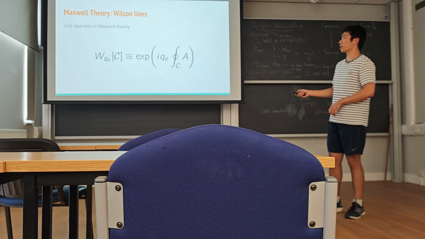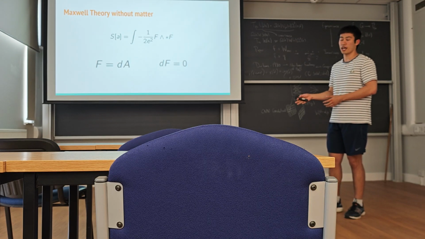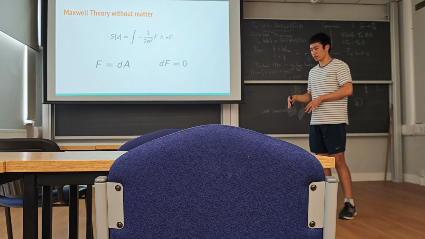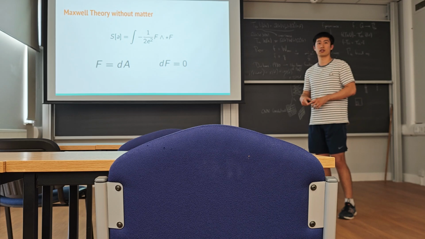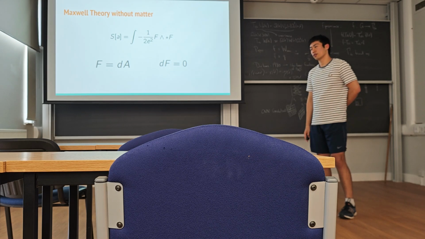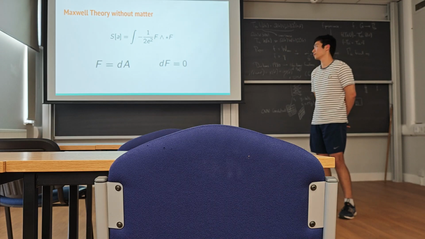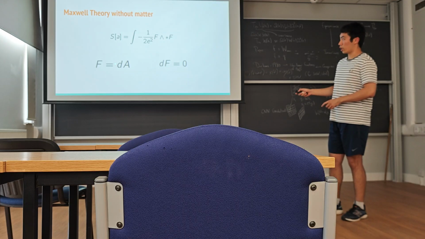So here we did Maxwell theory, right? There's some other gauge theory known as BF theory, and then we wanted to calculate some specific higher-form symmetry inside BF theory. What is BF theory? So here we have F, right?